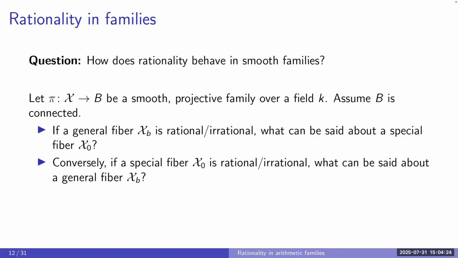So I want to assume I'm looking just at smooth families, but then ask the same question. If I know that a general fiber is rational or irrational, what can I say about a special fiber? And conversely, if I know something about a special fiber, or maybe about a lot of fibers, that they're rational or irrational, what does that tell me about, say, the generic fiber?